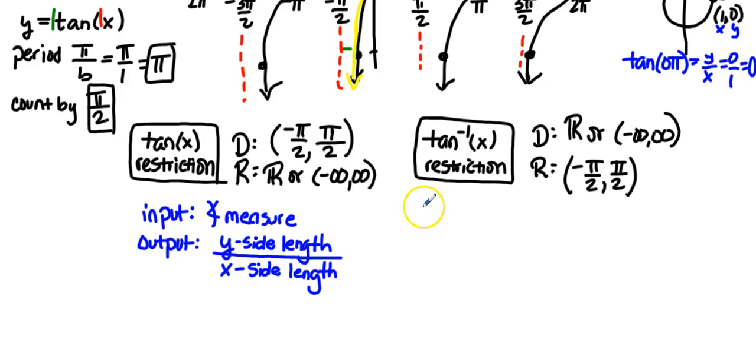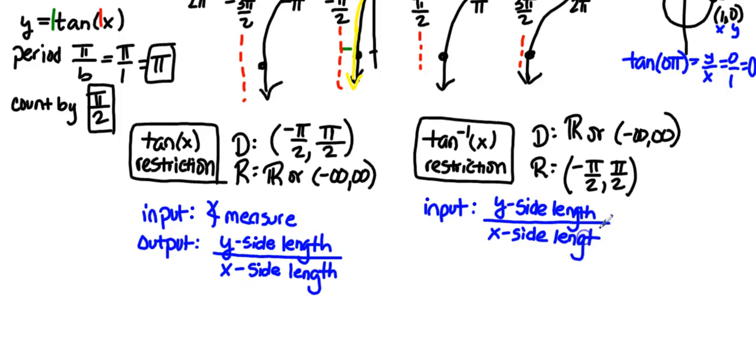So now, if we switch our inputs and outputs, our input is going to be that y side length to x side length ratio, and our output will be the angle measure associated with that ratio.